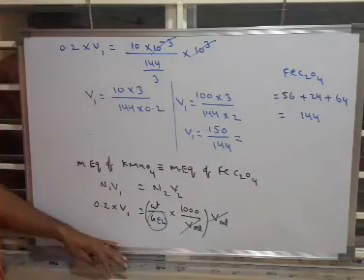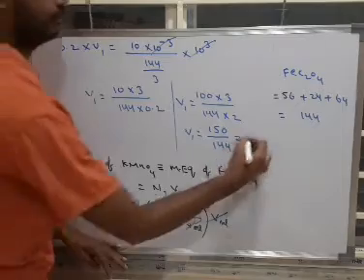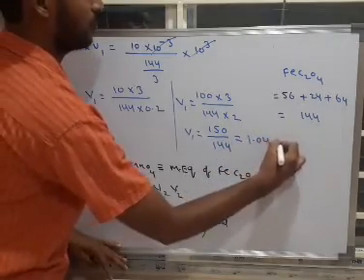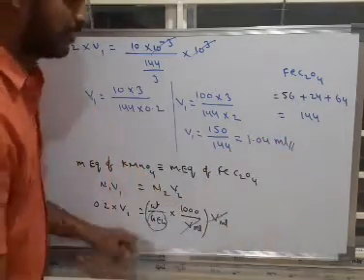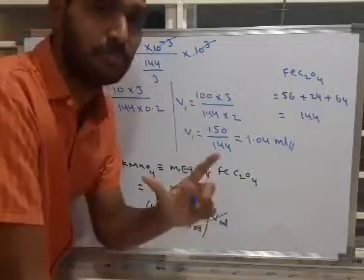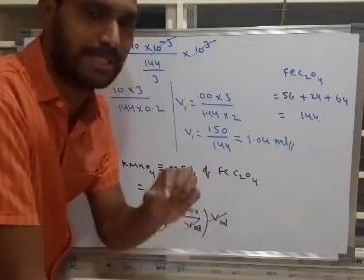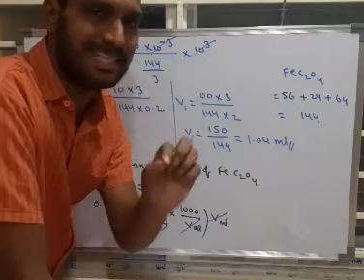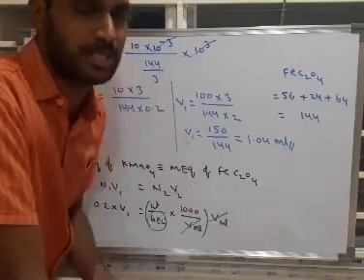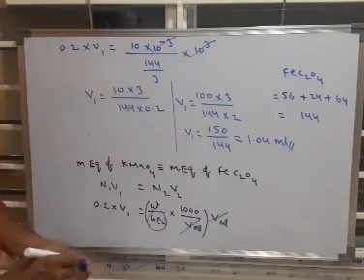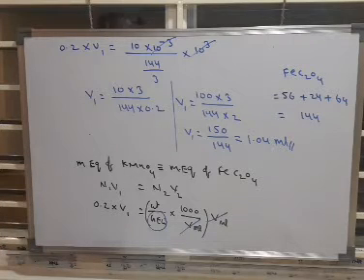So overall we will get 1.04 milliliter. Here 1.04 milliliter of potassium permanganate is required to oxidize 10 milligrams of ferrous oxalate. Okay. So we do one more problem, somewhat different.